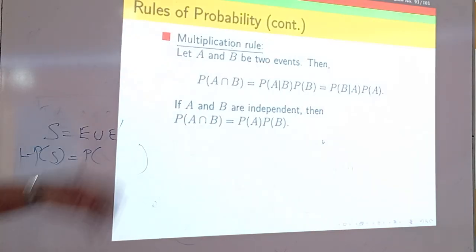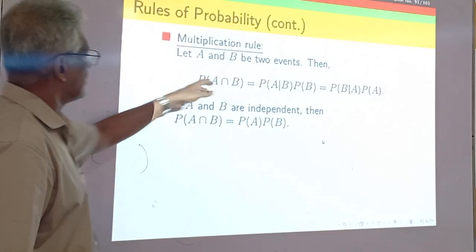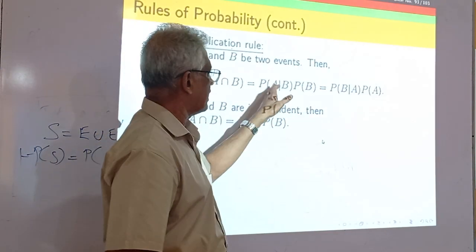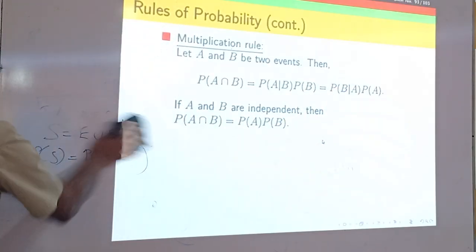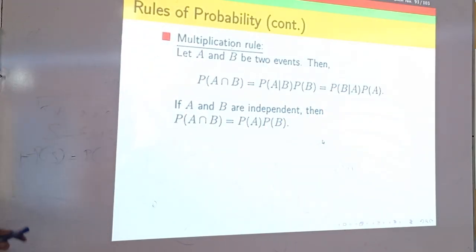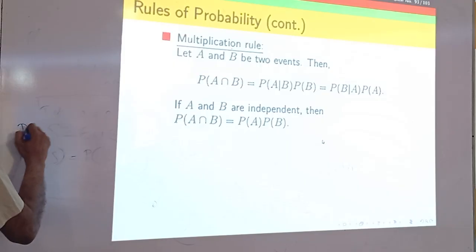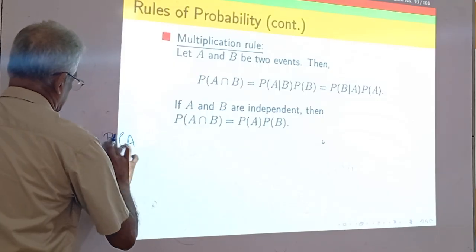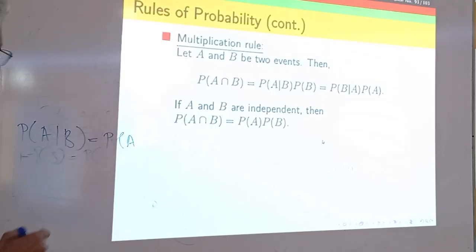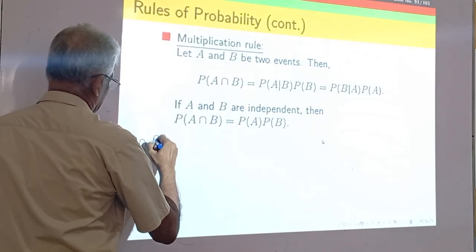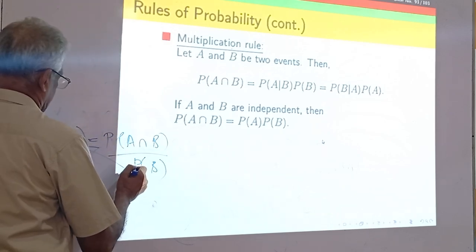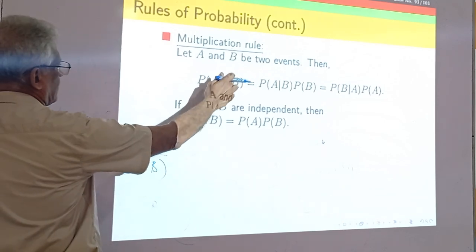And the multiplication rule is just the one that I just mentioned. The probability of A intersection B is generally equal to this, coming again from the definition, because in general the probability of A given B is equal to the probability of, I am used to writing P R, A intersection B divided by the probability of B. So cross multiplication gives you this formula.